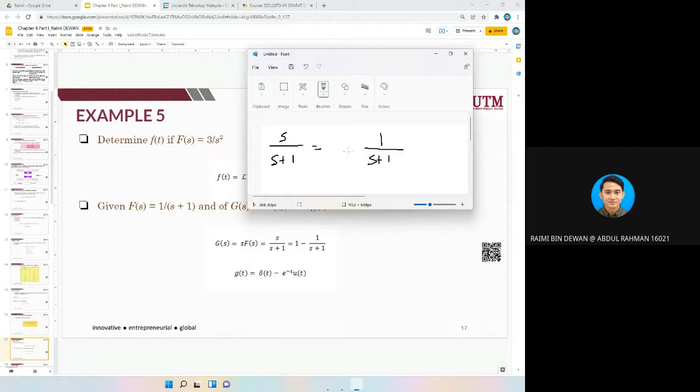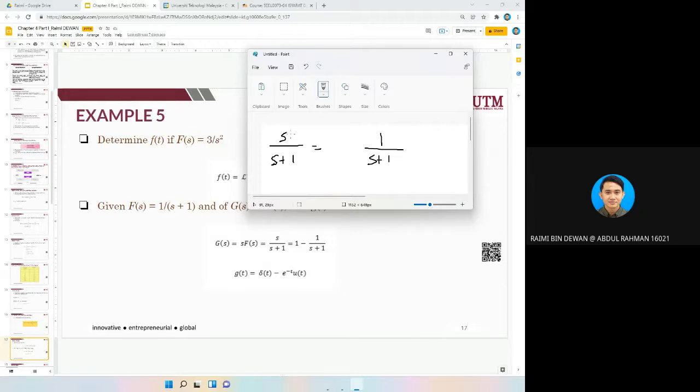This one I leave to you, in order for you to try. This one you already did from your previous mathematical subject. How are you actually able to split this form?